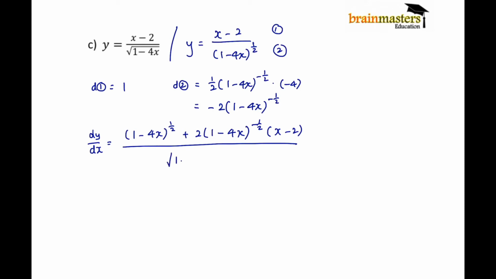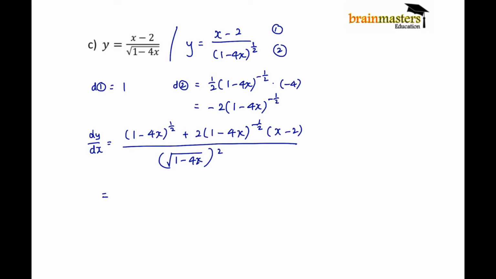Square root of 1 minus 4x is the bottom, squared. So if you power half and 2, later in the next line I will be writing it as 1 minus 4x, if you know your indices. So earlier on I was saying, if you expand the denominator, you will be having some trouble later.